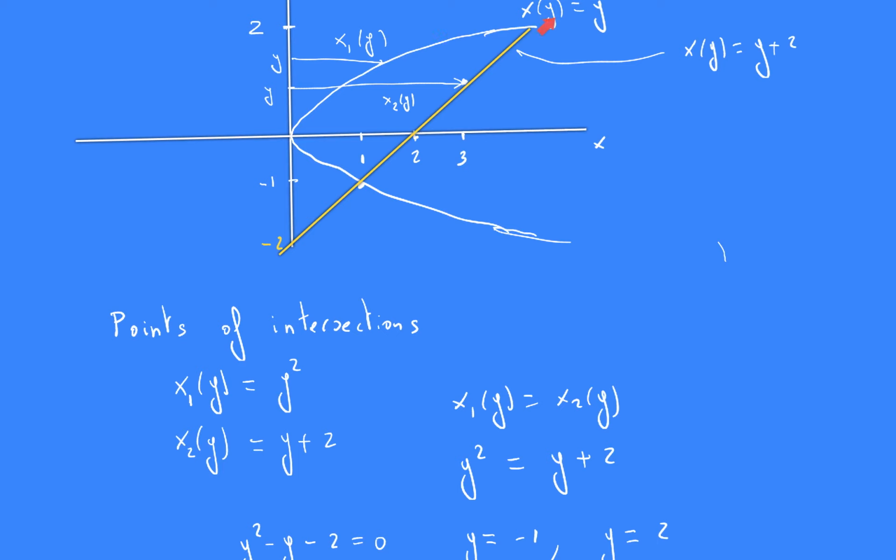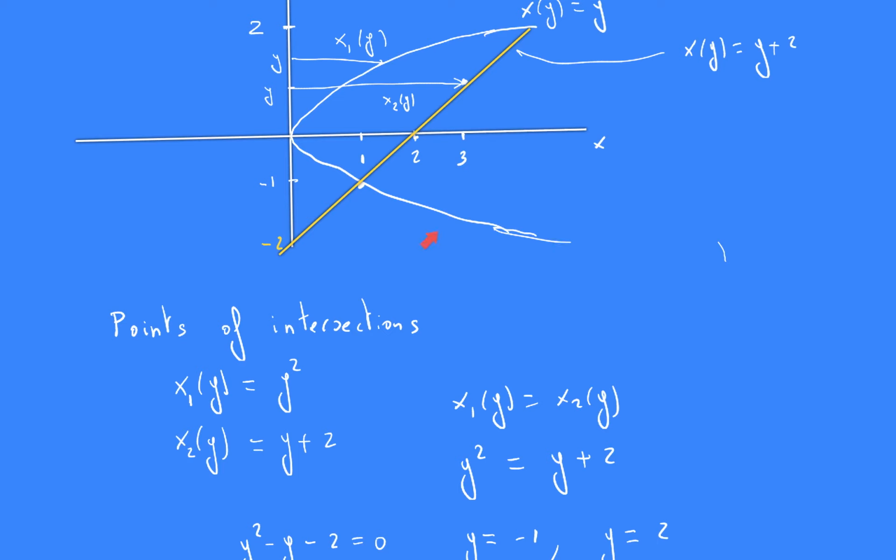Take y equals 0, so the x will be 0 squared, this point. Take y equals -1, so the x will be -1 squared, which is 1. And for y equals -2, the x will be 4.